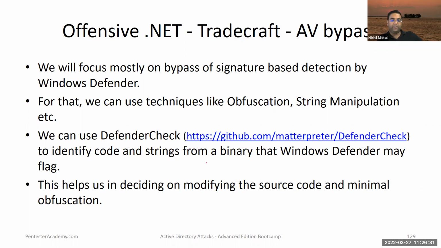For that, we can use DefenderCheck to identify code and strings from a binary that Windows Defender may flag. Because we're talking about open source tools, we can change that string or code in the source code of the tool and then build it again to bypass Defender.